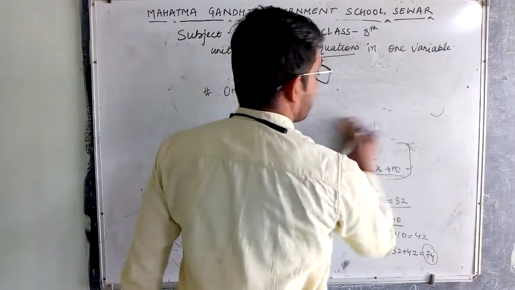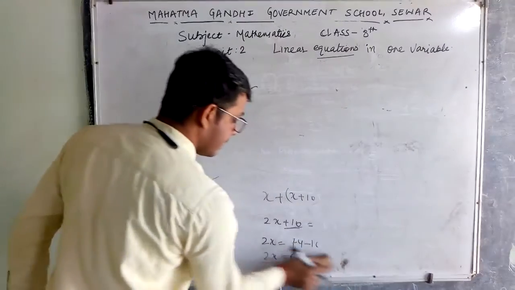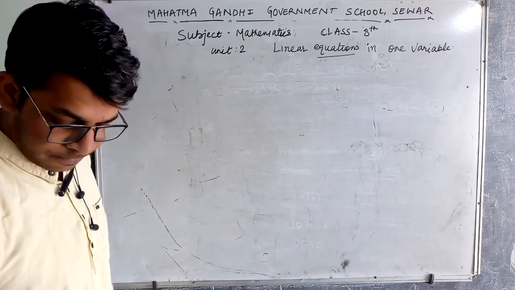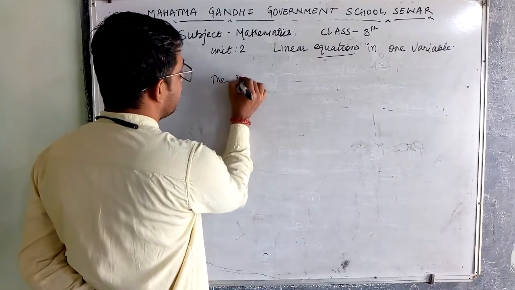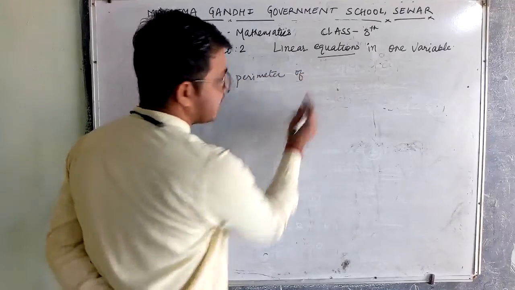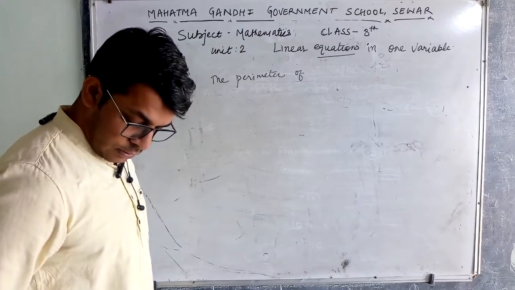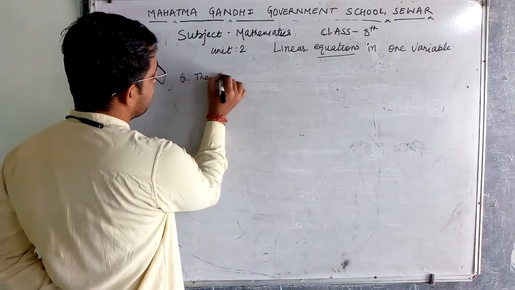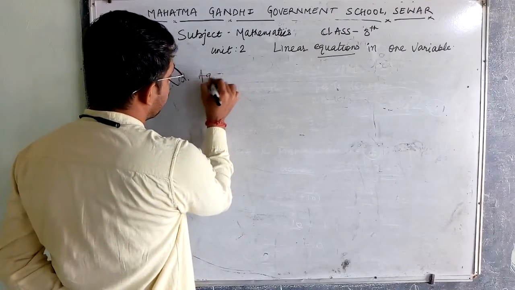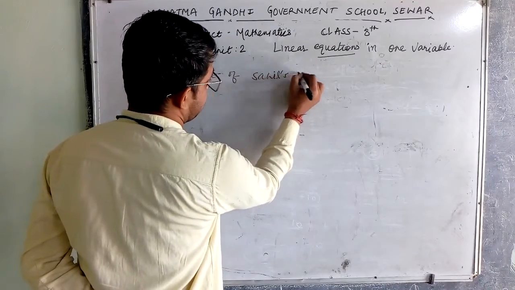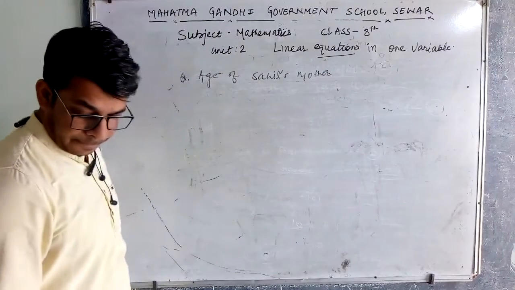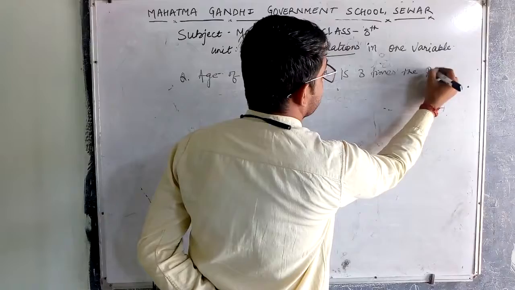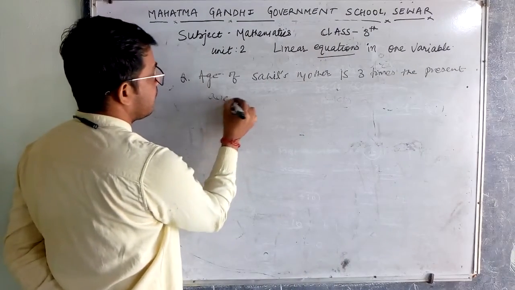Now we take another example. Question says: the age of Sahil's mother is 3 times the present age of Sahil.